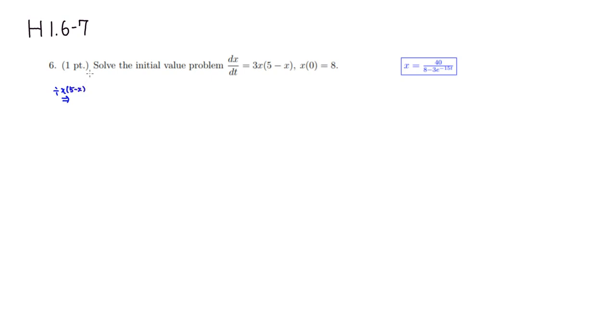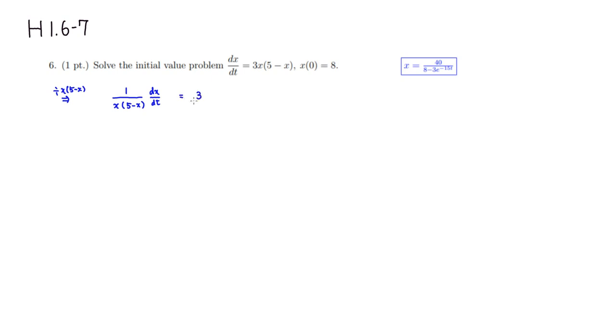So you're going to get 1 over x times 5 minus x, and then we have dx over dt, and the right hand side is going to be just 3.